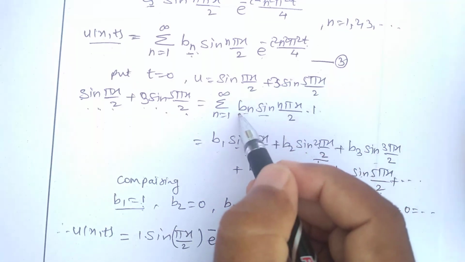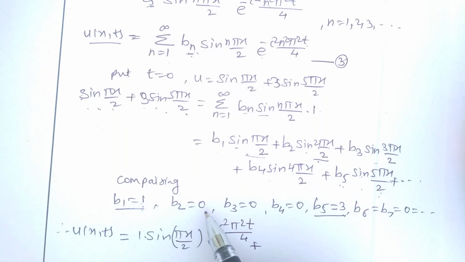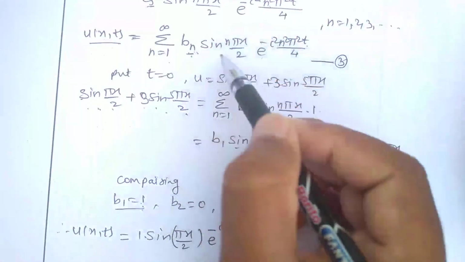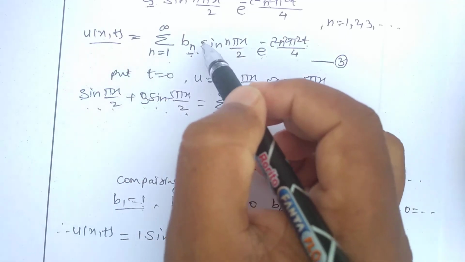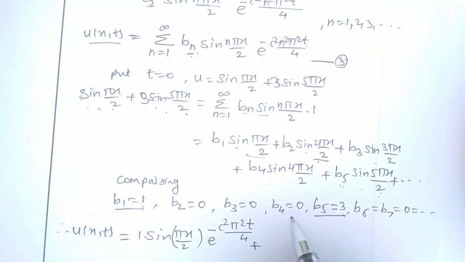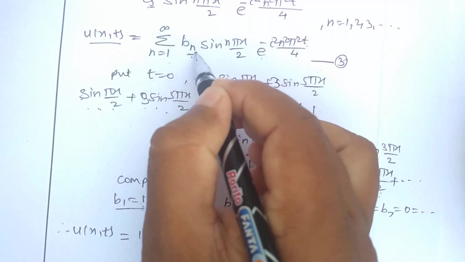Plus, when you put n equals 2, we will get b2 into this term, but b2 is 0, plus b3 into the term, b3 is also 0, plus when you put n equals 4, b4 into the term, b4 is also 0. Then plus, when you put n equals 5, you will get b5.